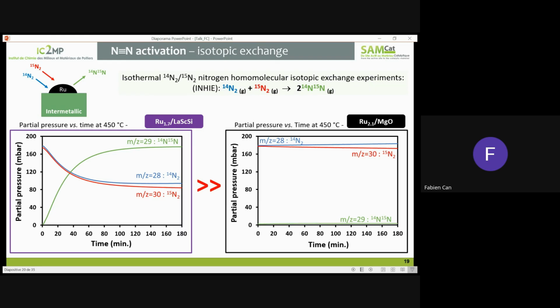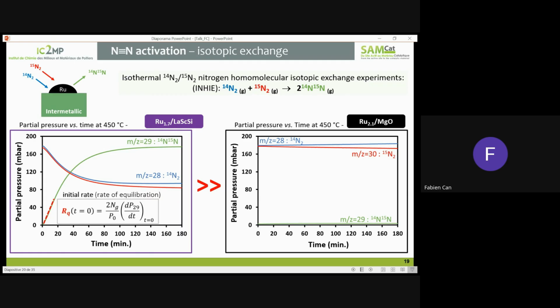So the equation is balanced, and so you have a pure homomolecular exchange. I don't show the curves for all the intermetallics in this study, but we have similar results, whatever the intermetallic: a pure homomolecular exchange, but with different kinetic data.